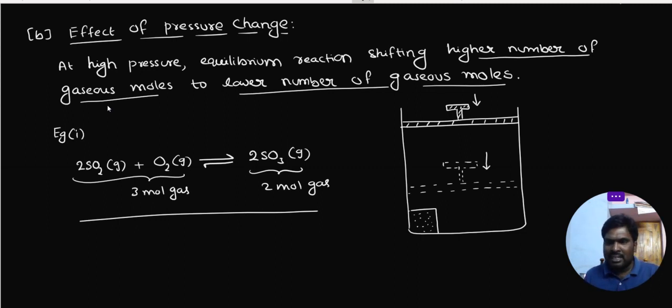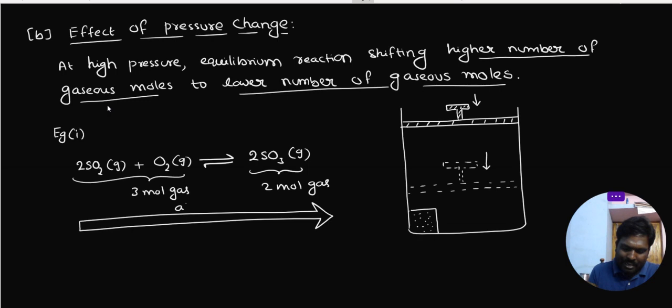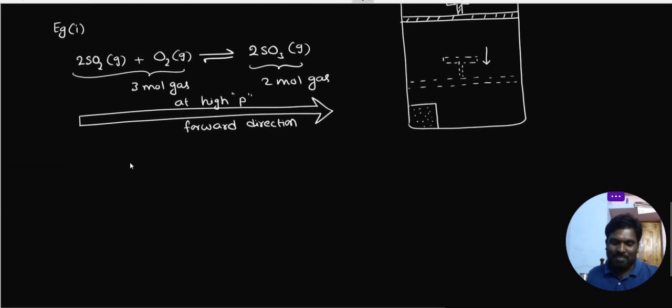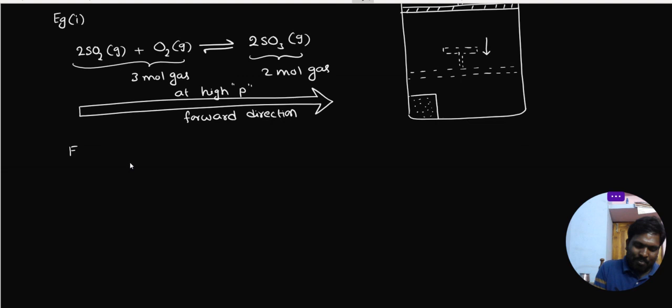At high pressure, higher gaseous moles to lower gaseous moles, that is 3 moles to 2 moles, so forward. Very, very important: this is the forward direction at high pressure. Understood? Higher gaseous moles to lower gaseous moles. Very simple example.